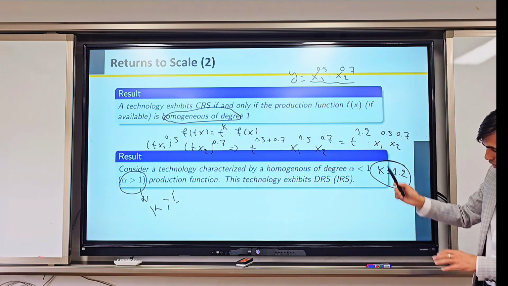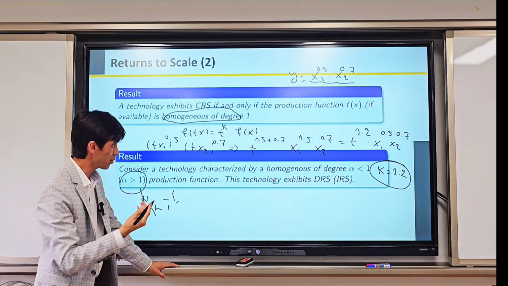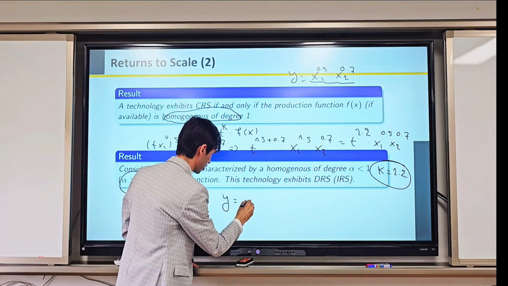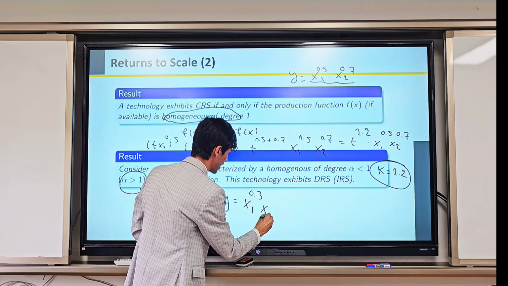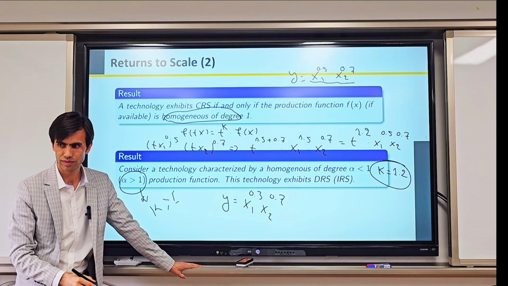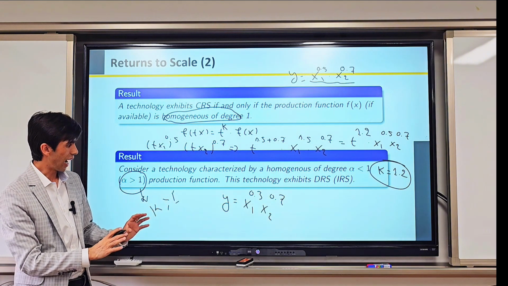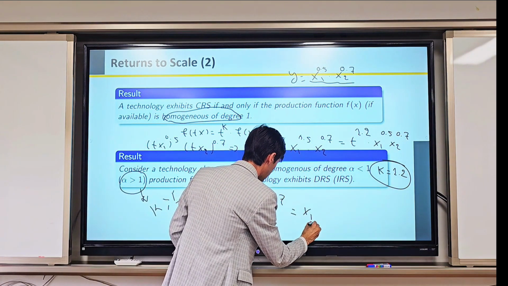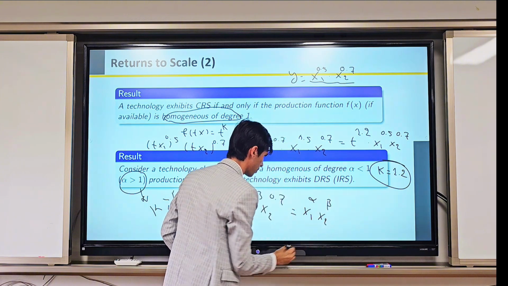But when we are talking about profit maximization, mostly we use this kind of Cobb-Douglas production function, which is x1 to the power of, for example, 0.3, x2 to the power of 0.7. And in the general case, x1 to the power of alpha, x2 to the power of beta.